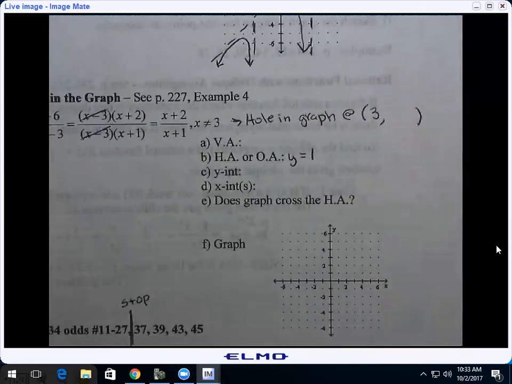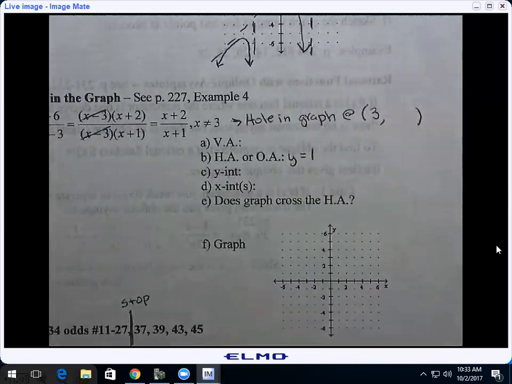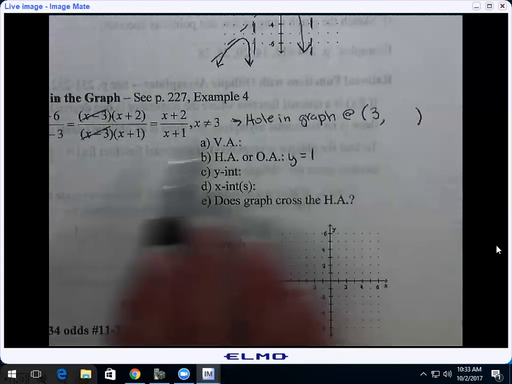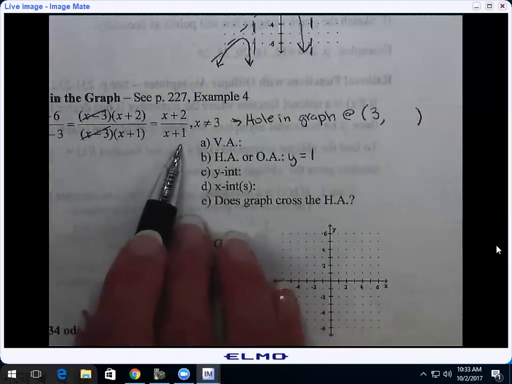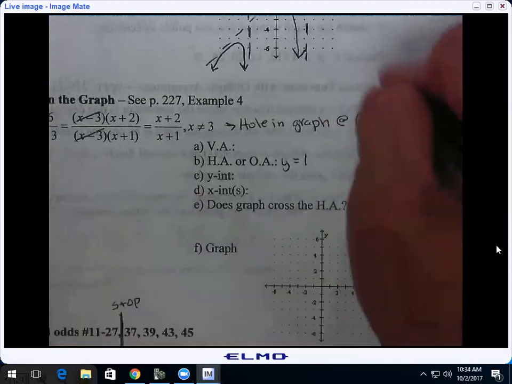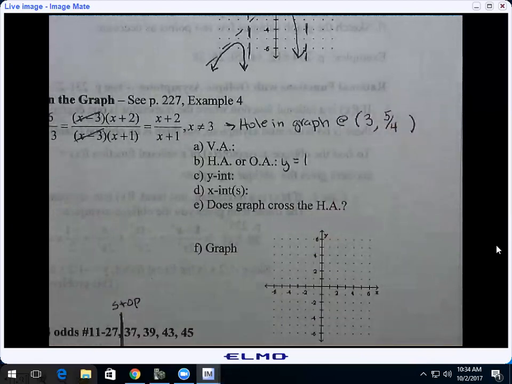And how can I find what the y value of that hole in the graph is? You can plug the 3 into the simplified form, you just can't plug it into the original form. If you put 3 into that simplified form, you'd have 5 over 4. So that hole in the graph is at the ordered pair (3, 5/4).